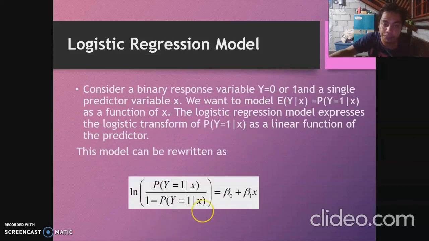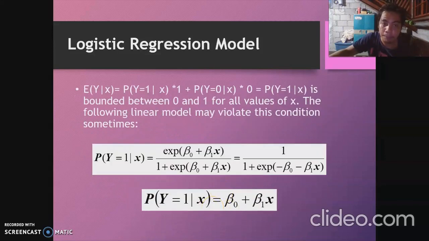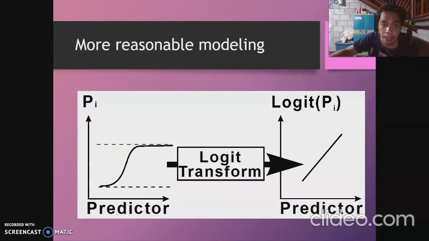Okay, so for more reasonable modeling, kung makikita nyo po, ay ito po yung predictor.